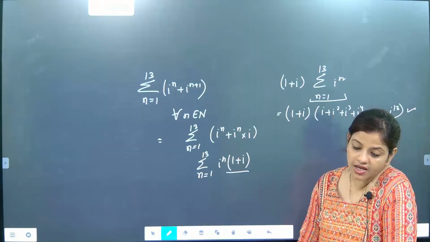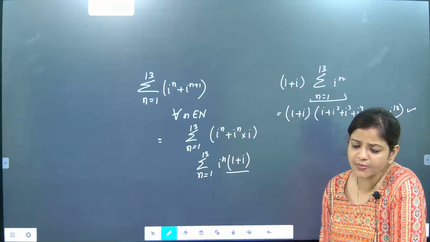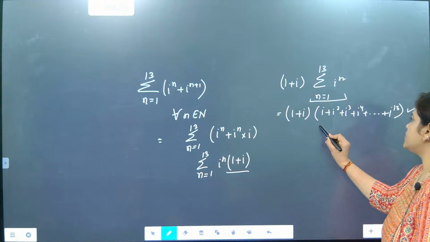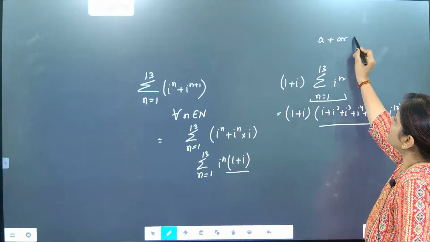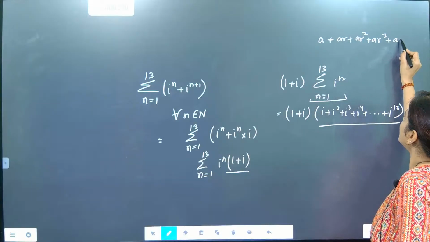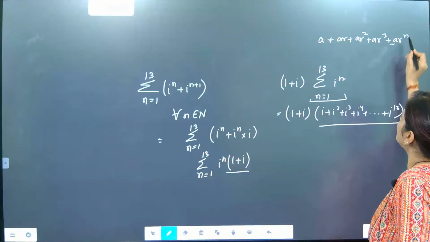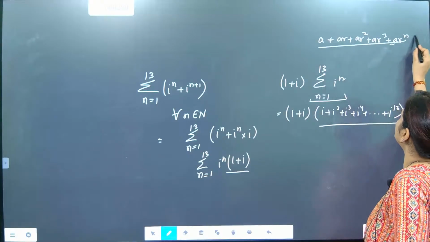I am using GP, geometric progression. A small introduction: a plus ar plus ar square plus ar cube, till the nth term ar to the power n minus 1.